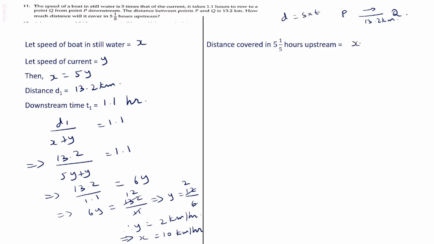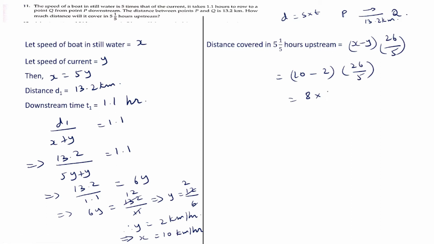So the upstream speed is x minus y, into time, which is 1/5. So we got x as 10 and y as 2. This is 10 minus 2 into 26/5. This is 8 into 26/5.